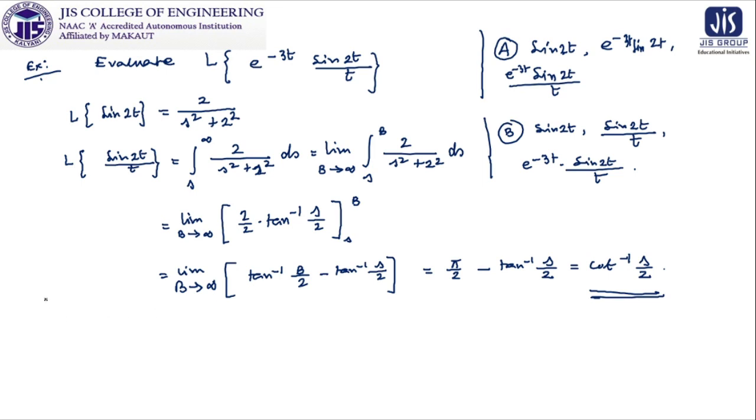One thing is left, that is the factor of e to the power minus 3t. So now using first shifting property, we can write Laplace transform of e to the power minus 3t into sine 2t by t is equal to, just s will be replaced by s plus 3 because here a is minus 3.